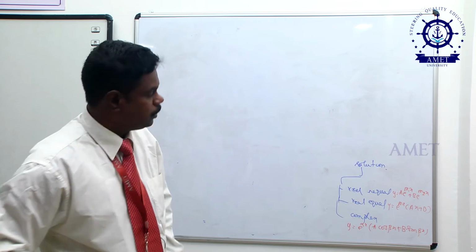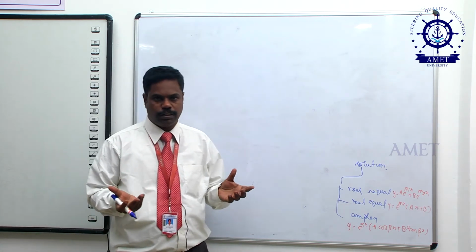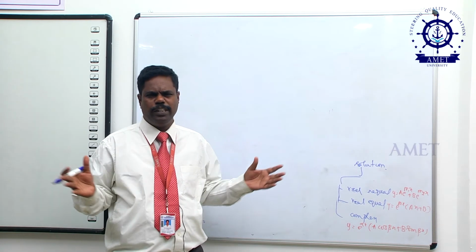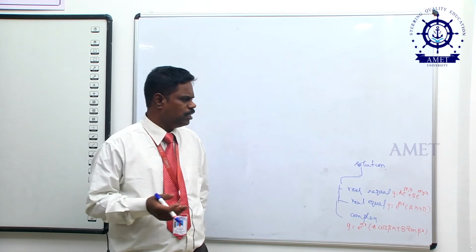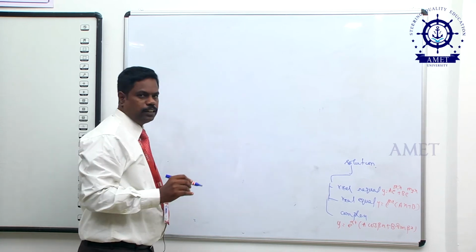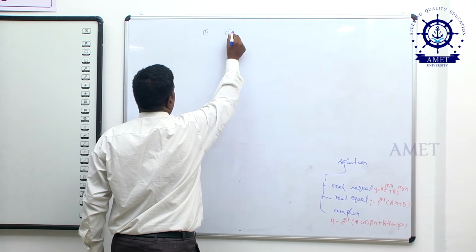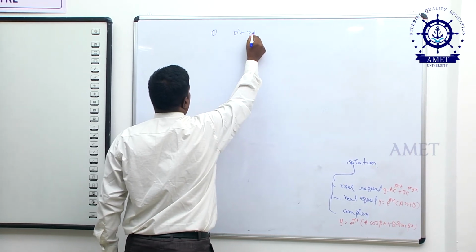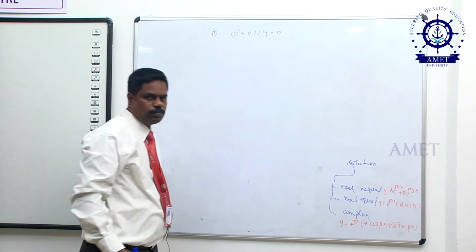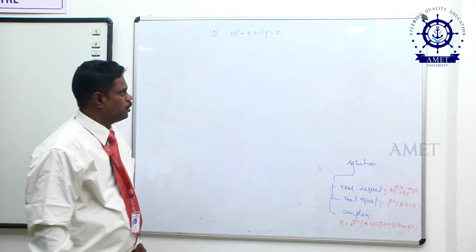The right hand side may be constants, or exponential functions, or trigonometric functions, or a combination of functions, logarithmic or any other functions. For a simple example, I am taking d squared plus d plus 1 into y equal to 0. This is obviously a second order linear differential equation.